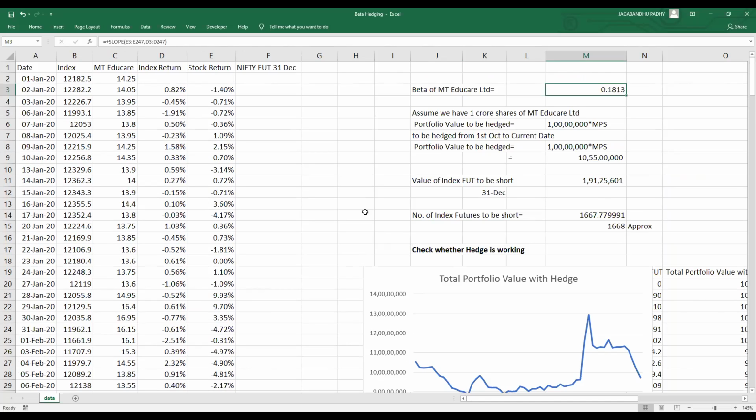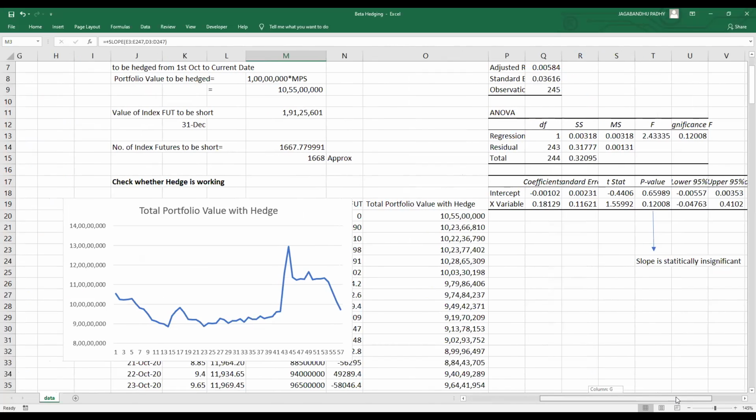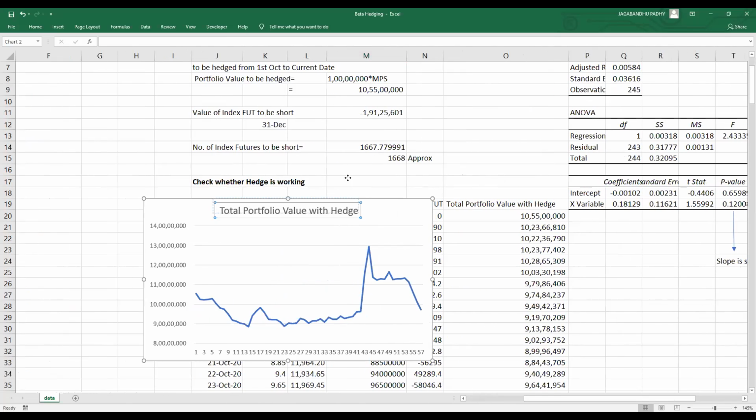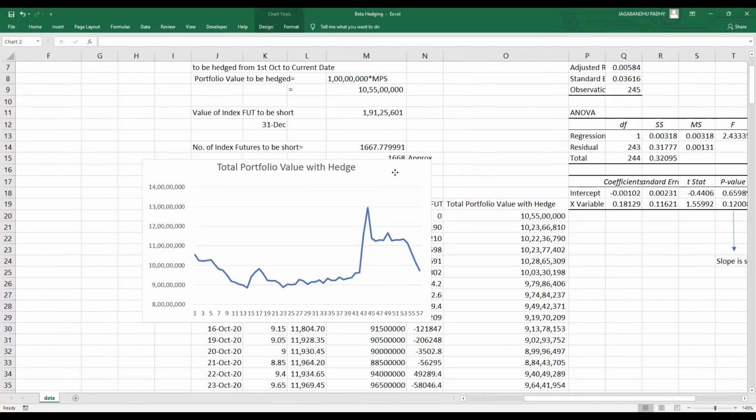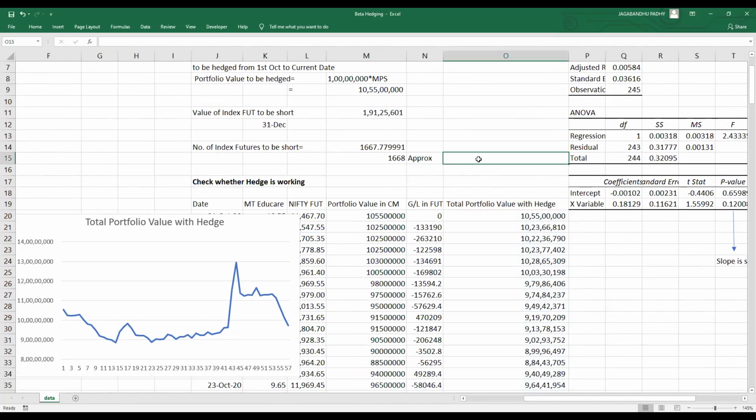Sir, how did we decide that, like we saw the last value of the total portfolio value with hedge to determine that it is giving us losses, right? To see if the hedging is making any sense or not. No, not the last value. I'm looking at the overall value.